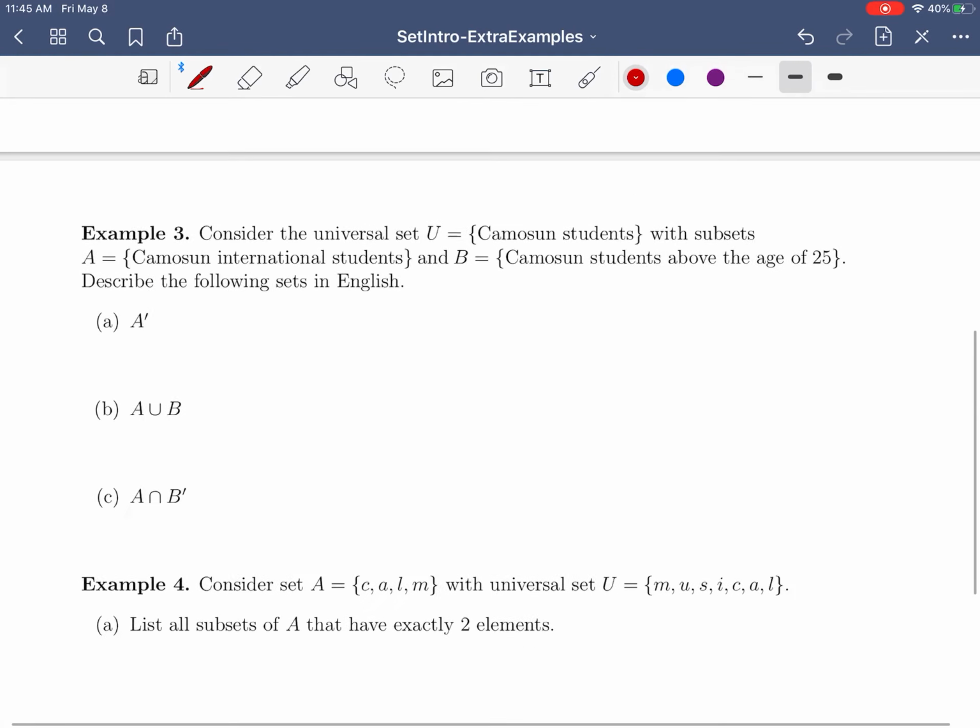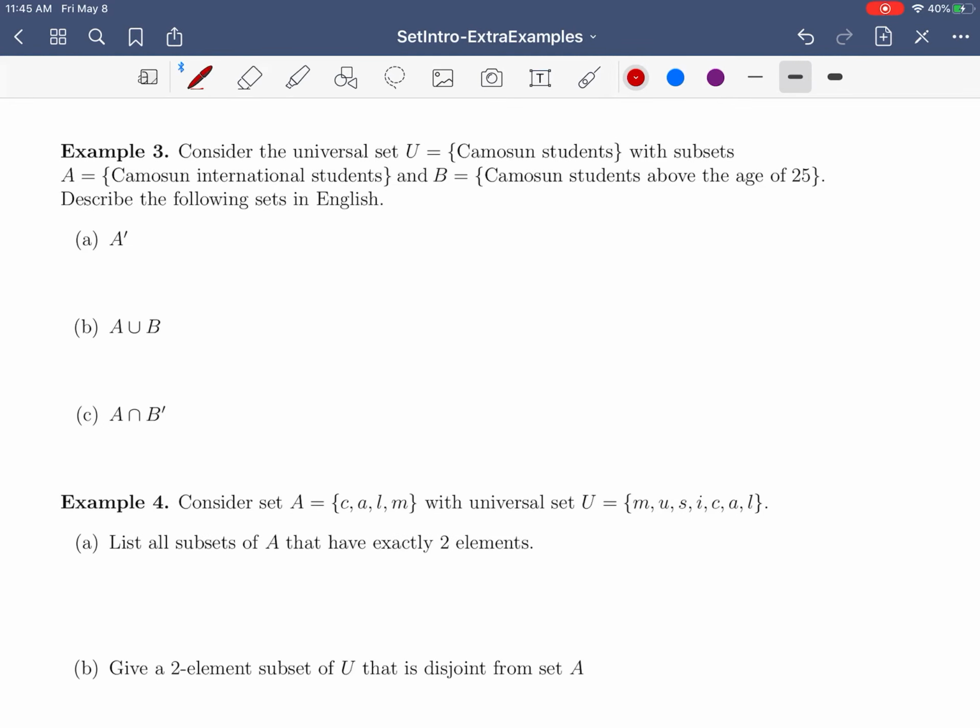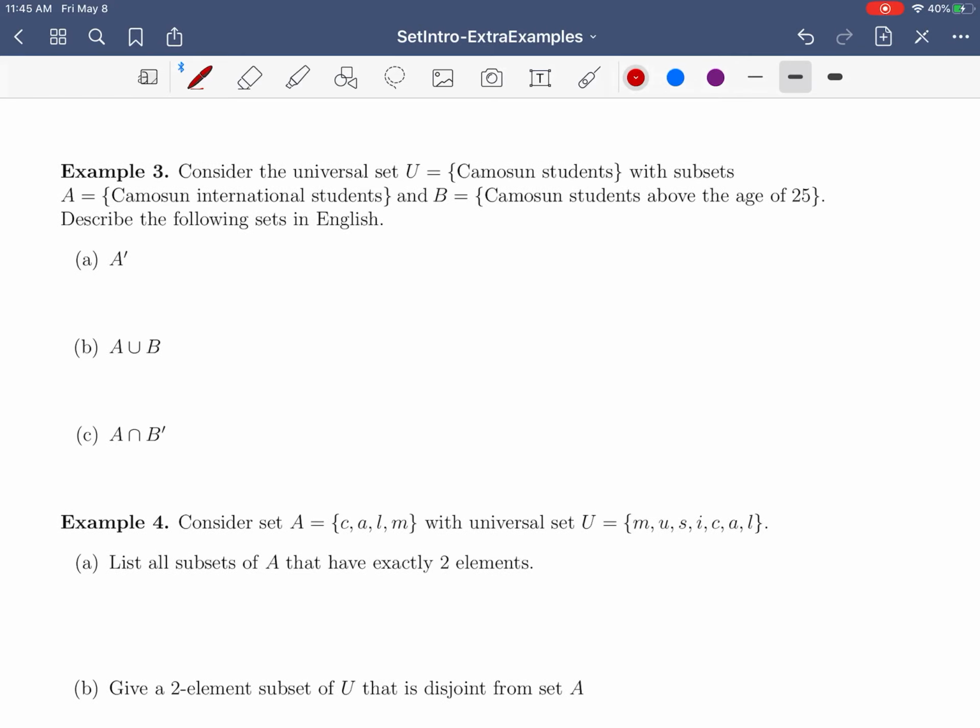Okay, so in our next example, we don't have our sets explicitly listed. So the universal set is a set of all Camosun students, and we have subsets. A is all Camosun international students, and B is Camosun students above the age of 25. So we want to know who would be in the set A complement.